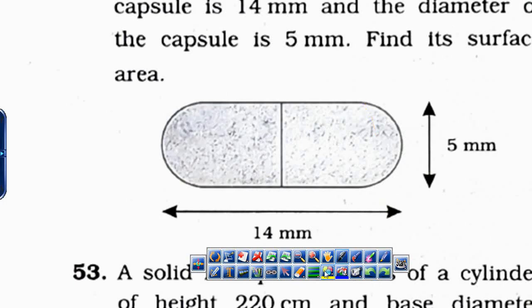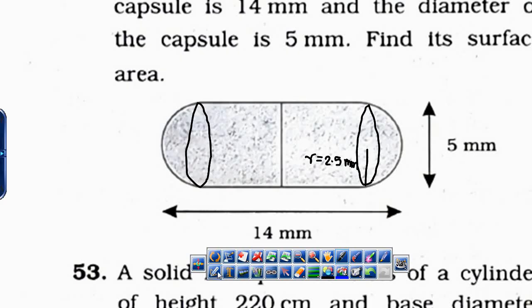Capsule is a three-dimensional thing. Here there is one hemisphere, here the other hemisphere. 5 mm is the diameter. Then how much is the radius? 2.5 mm.